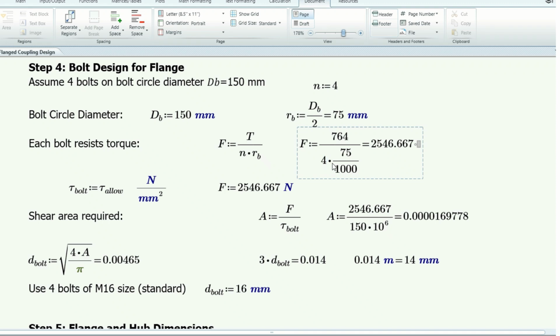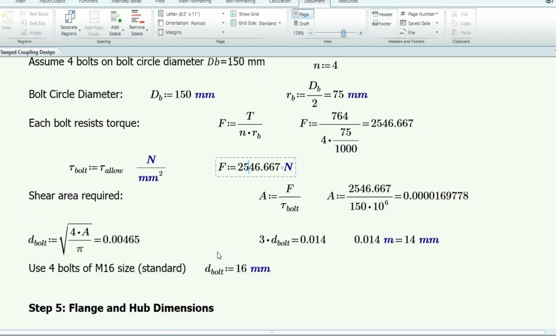We are going to design for 4 bolts with the bolt circle radius of 75, which is in mm. So I am dividing it by 1000 so that it will become meter. It's 2546 Newton. This meter and this meter cancelled, and the force comes in Newton only.